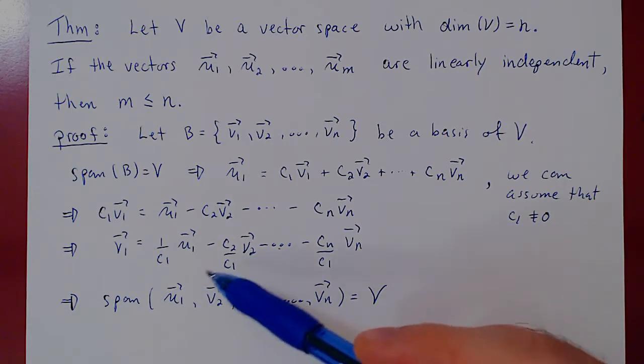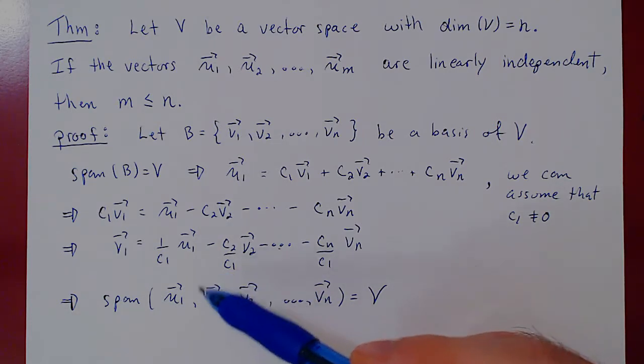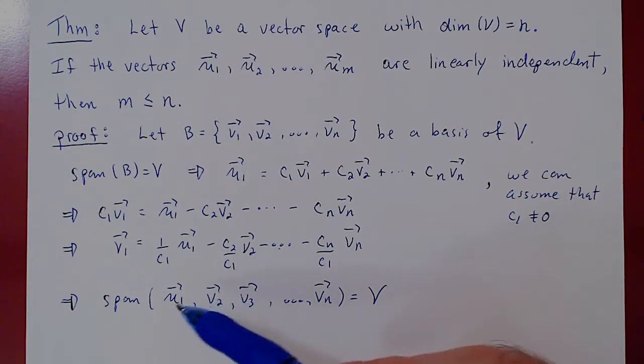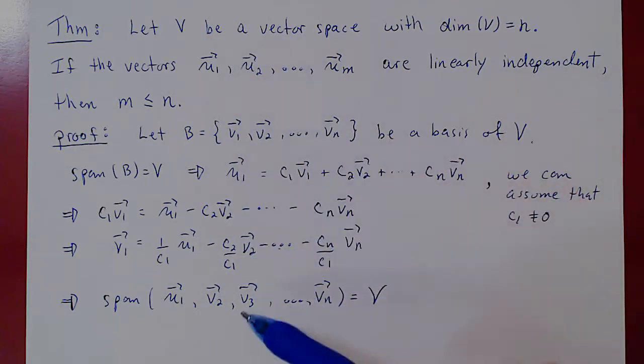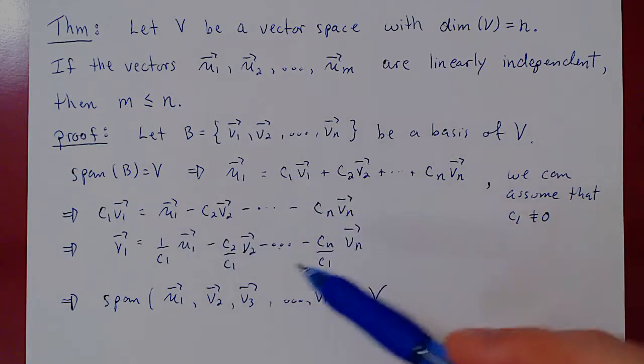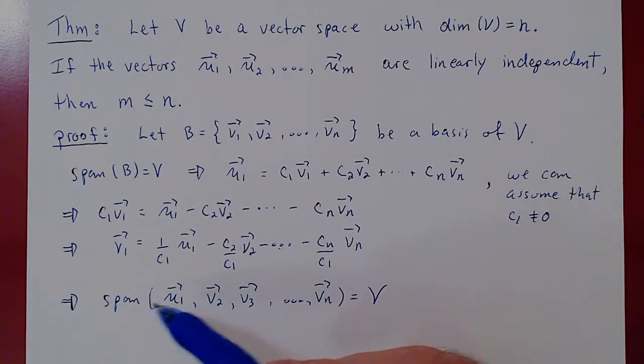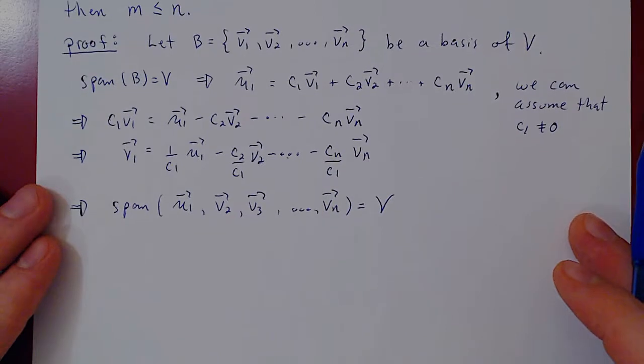We can assume it's the coefficient of v2, and so we can express v2 as a combination of u1, u2, v3 up to vn. And so we could use the same argument to say that the span of u1, u2, and then v3 up to vn is also the whole space V.